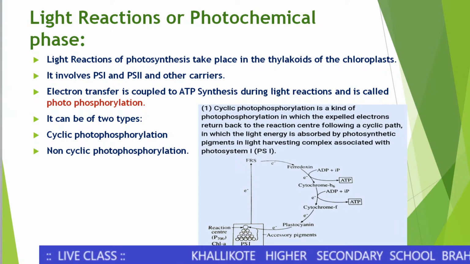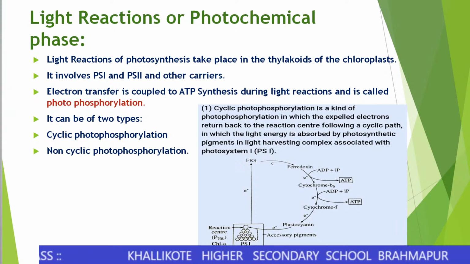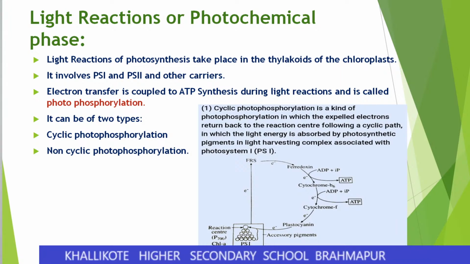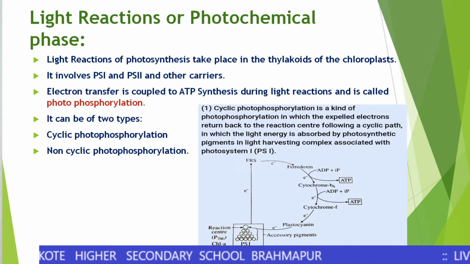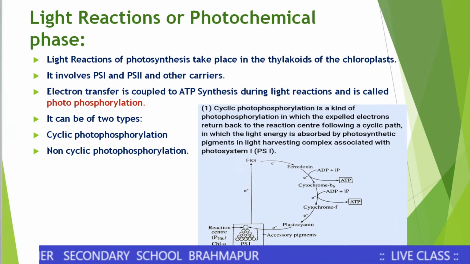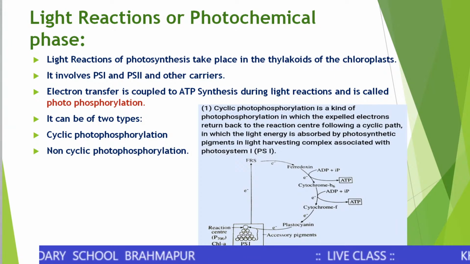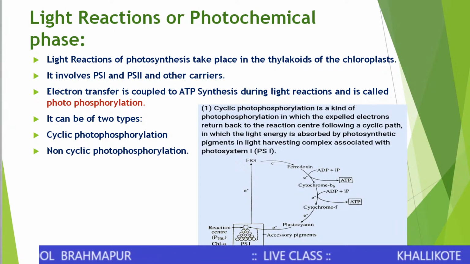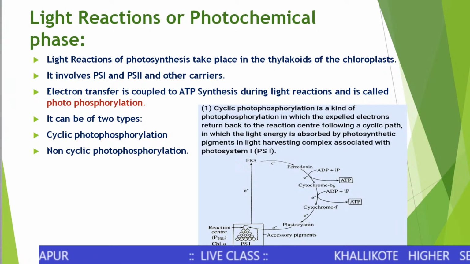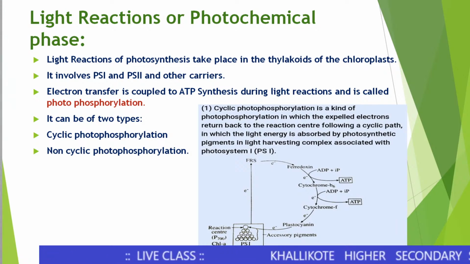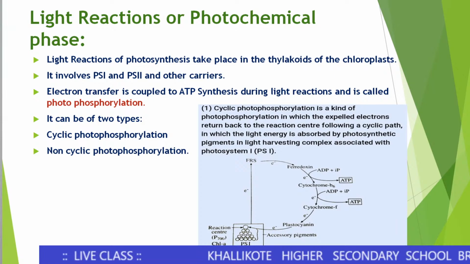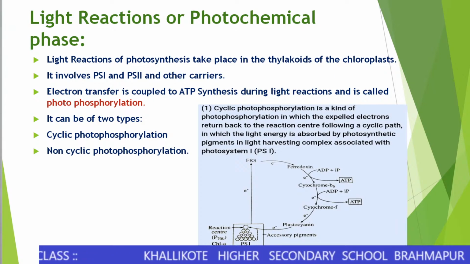Here the liberation of oxygen molecule is independent of carbon dioxide fixation during photosynthesis, and it also helps in the formation of reducing power, that is NADPH is synthesized during the photochemical phase.